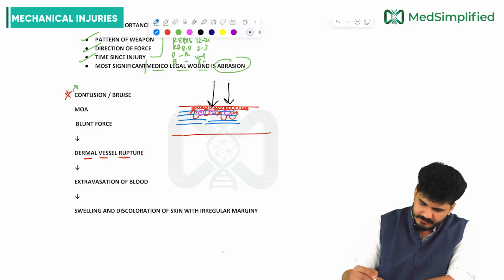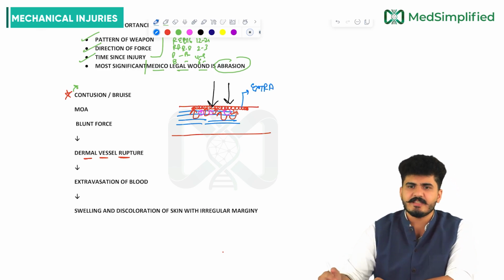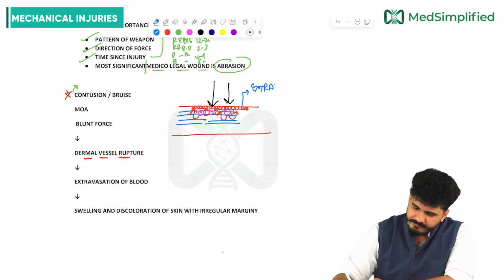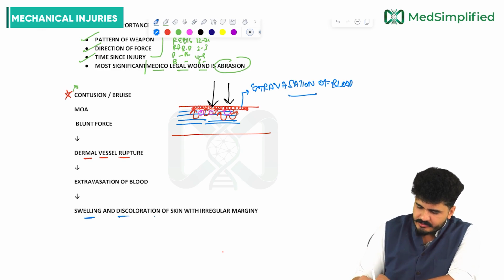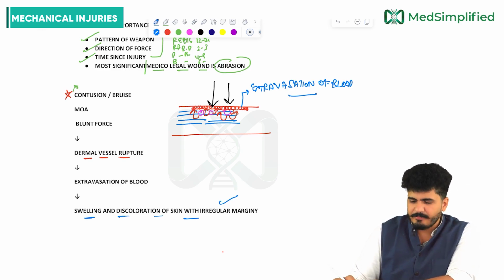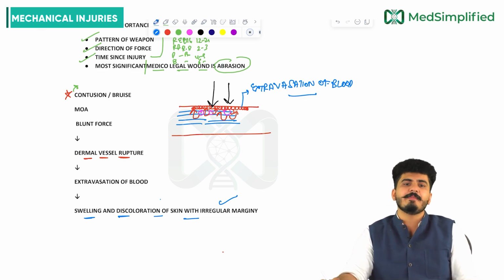This is nothing but called extravasation, away, outside from the vessels. Extravasation of the blood. Now swelling plus discoloration of the skin with irregular margins. If someone asks you what the margins were, your answer would be irregular margins would be there.